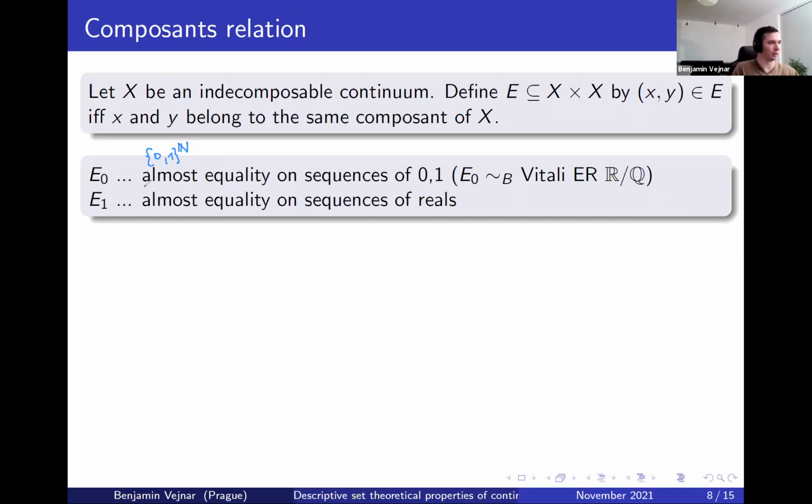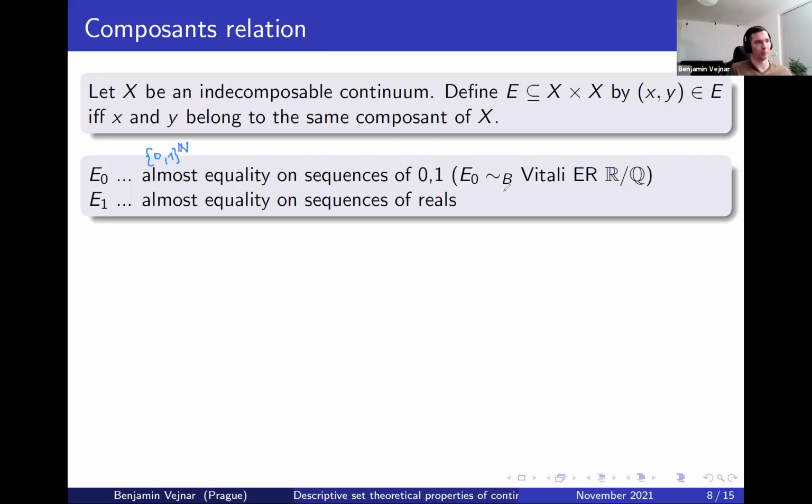So I say here almost equality of sequences. Well, it is known that this equivalence relation E0 is Borel bireducible with the Vitali equivalence relation on reals, which is defined in that way that two real numbers are equivalent if and only if their difference is a rational number.